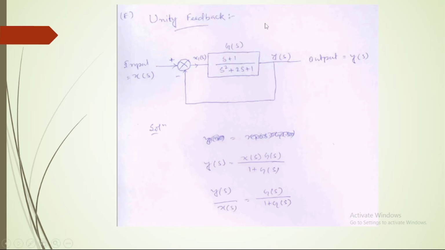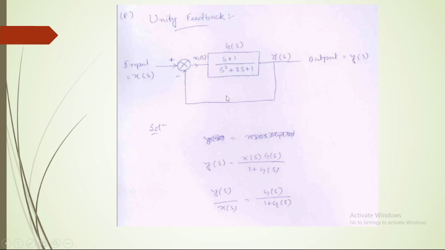And then one system is given which is the unity feedback condition. In this condition, same as before, the input is applied as x of s, and then one summing block is given, and here G of s is s plus 1 upon s square plus 2s plus 1. Here the output is directly fed to the input.